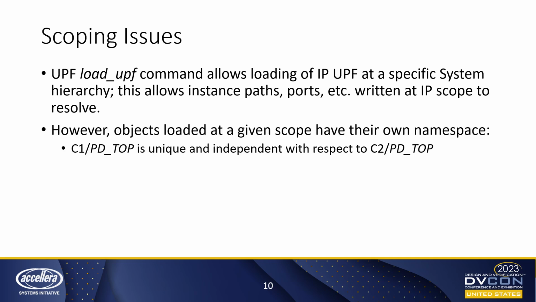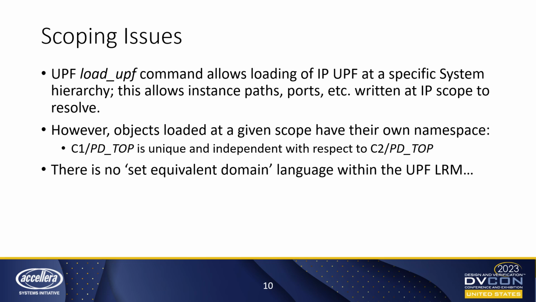However, this means each IP instance contains uniquely scoped names for any domains, supply sets, etc. that are defined, even if the definitions are the same. In our example, PD_top in instance C1 is unique and independent with respect to PD_top in C2.